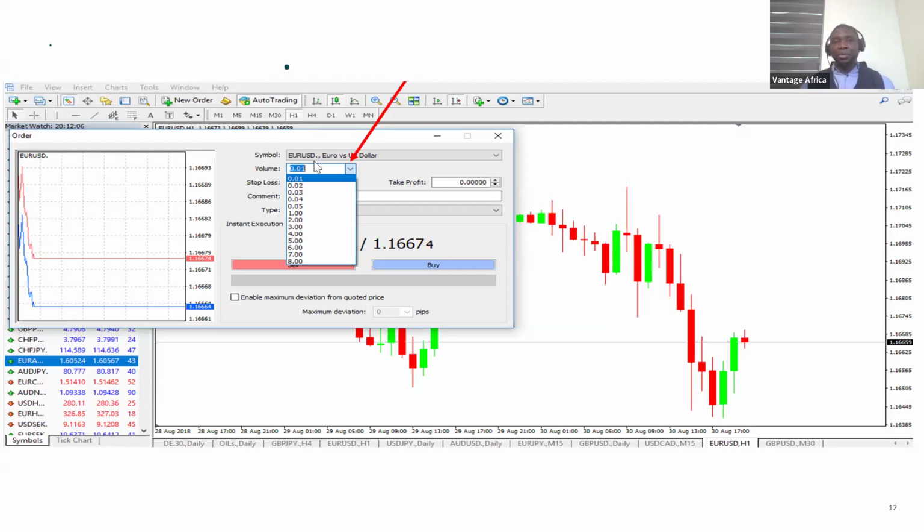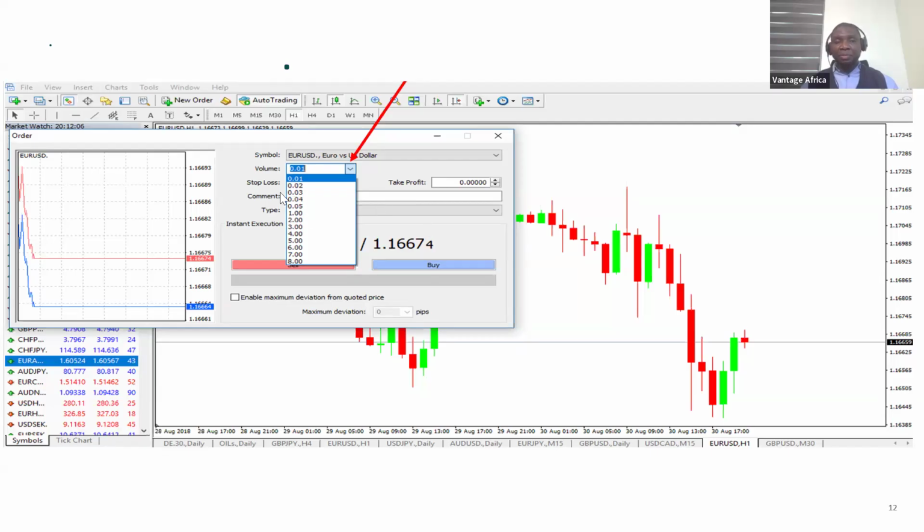All right. So the next one is volume. I said lot size, and lot size is synonymous with volume. So you can see on MetaTrader here it is showing you volume instead of lots. Inside volume appears lots. The minimum lot, like we said before, is 0.01, which is a micro lot, and then it continues all the way.